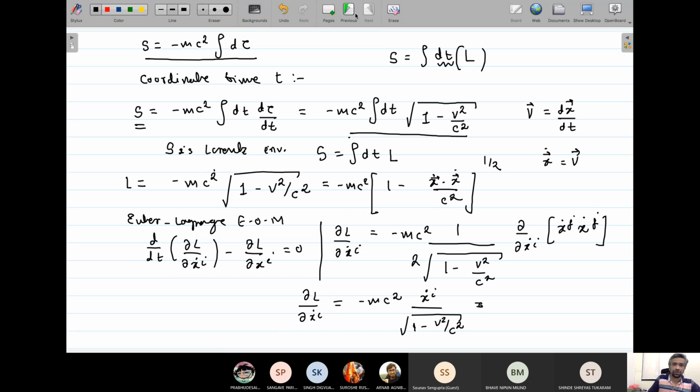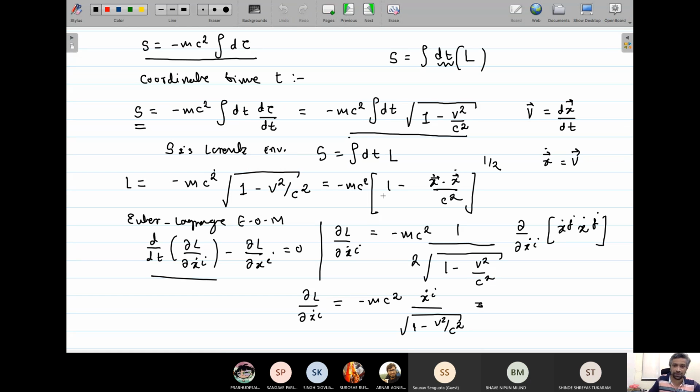Now the Euler-Lagrange equation becomes: I have to differentiate this quantity with respect to time. Note that 1 over the square root of 1 minus v²/c² is gamma. So I will write this as minus mc² gamma ẋ^i.